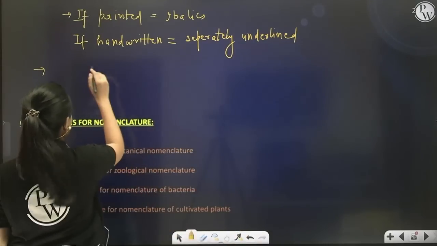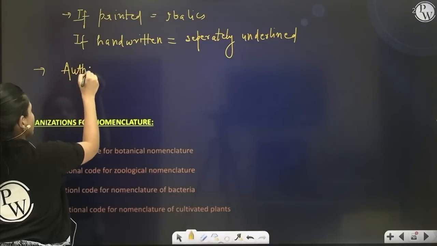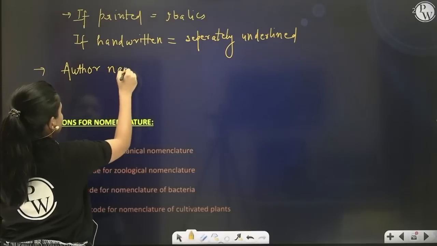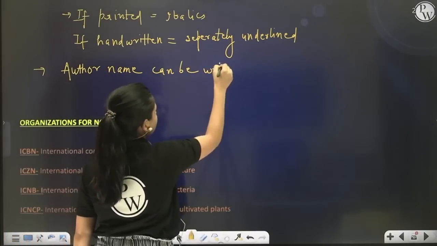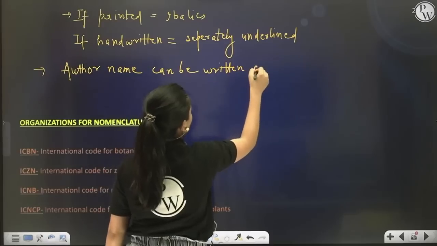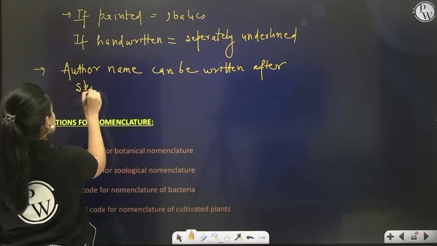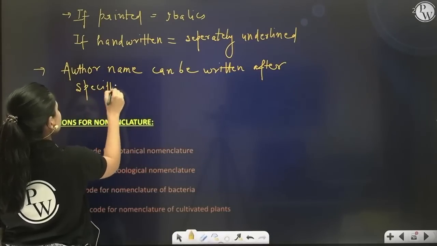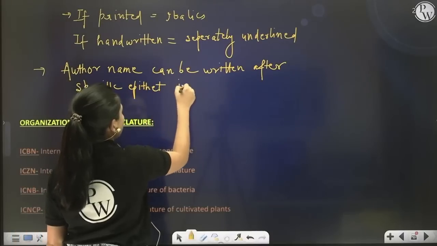It says that the author citation, meaning the author name, can be written after the specific epithet in abbreviated manner.